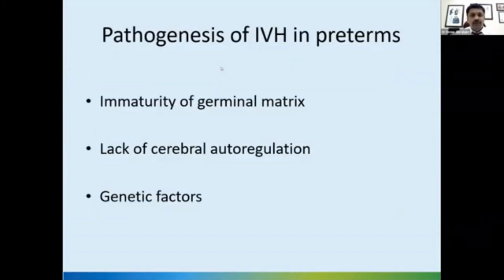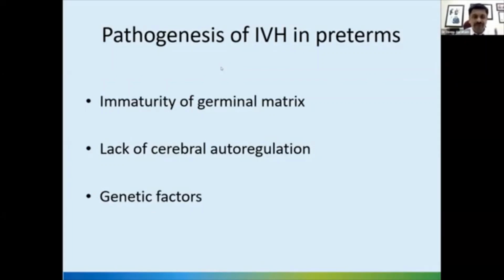So what causes the IVH? The germinal matrix is the area in the lower part of the ventricles, which produces the neurons and the glial cells during the fetal period. That is the area which is very cellular and very vascular at the same time, without much supporting system.